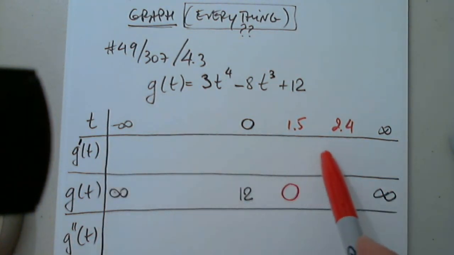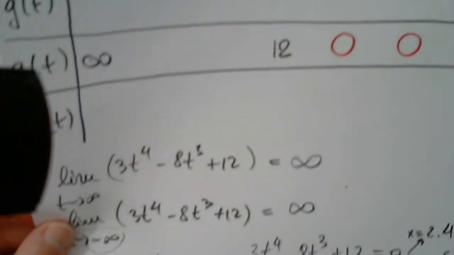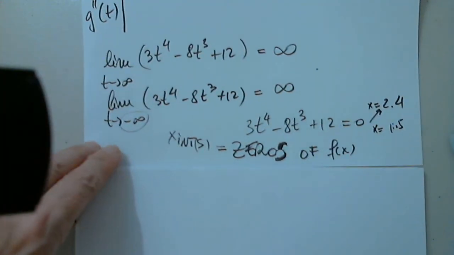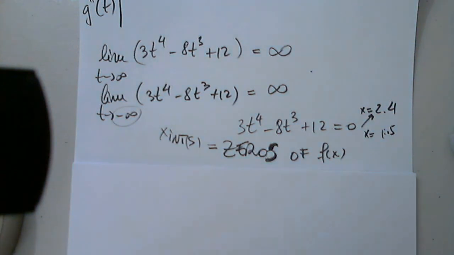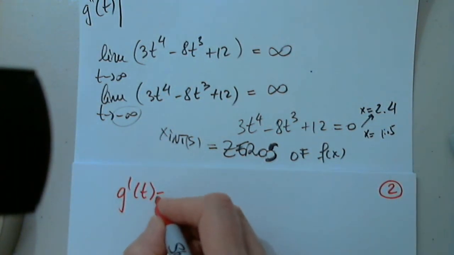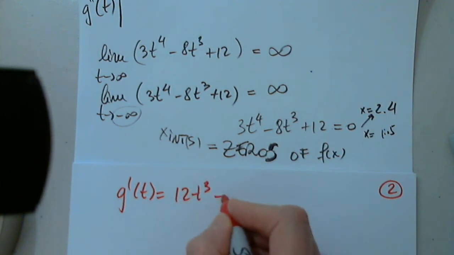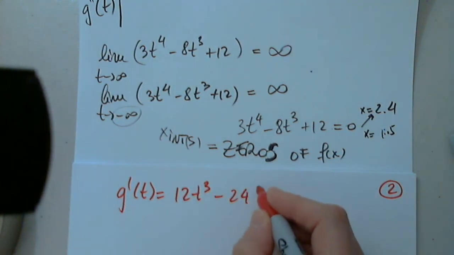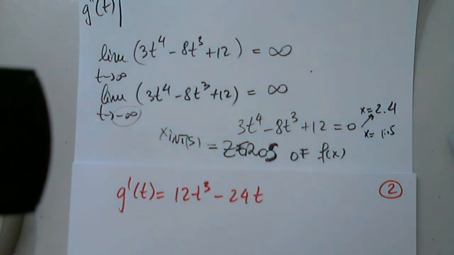Now I can move on to the first derivative. And when I find anything, I go back to the table and put it in, whatever I find. So then g prime of t is 12t to the third minus 24t. Okay, so g prime of t equals 0, because there is no point in trying to find undefined, because there is none.